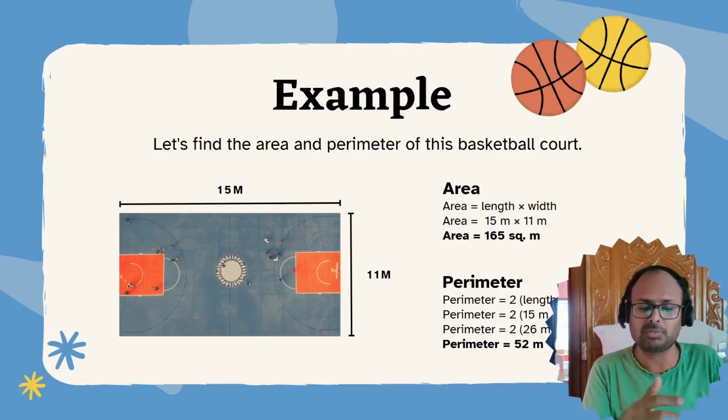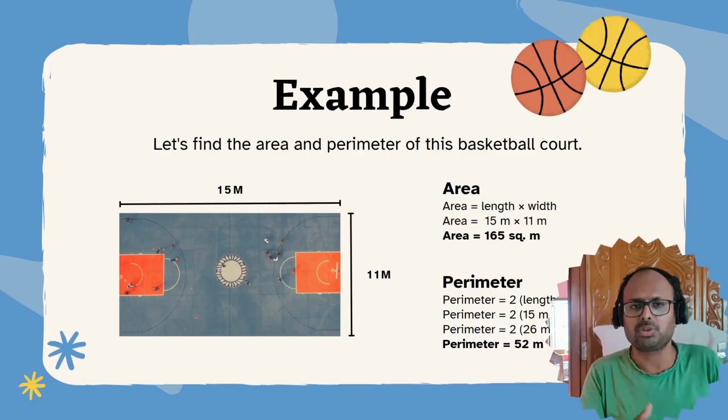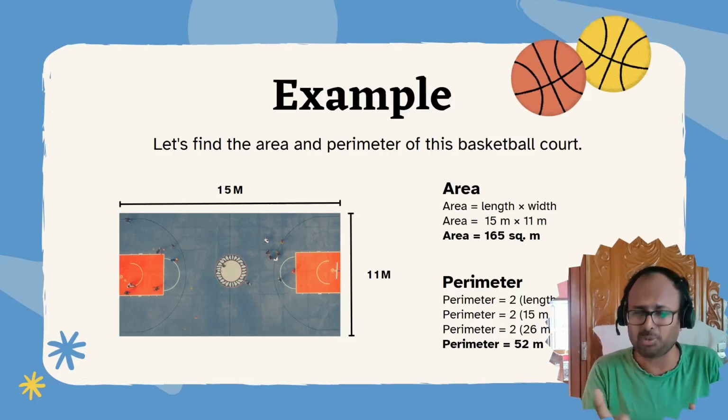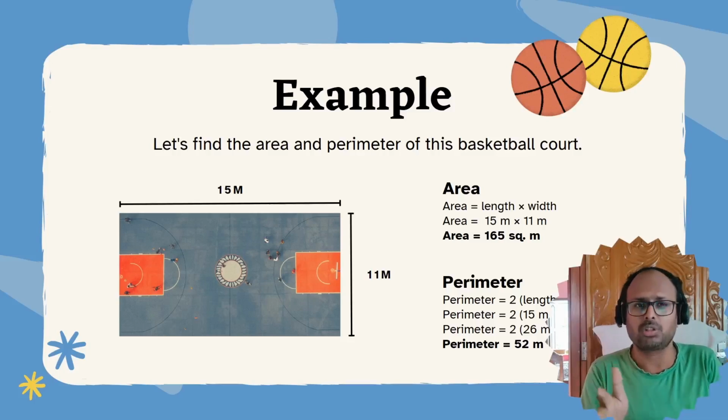Area means space, so if the space is more, then more children can play. And for perimeter, suppose we decided to fence the ground. In this case, we need to know the perimeter so that we can buy the proportional amount of material, the rods, sticks, everything. We need to buy accordingly.